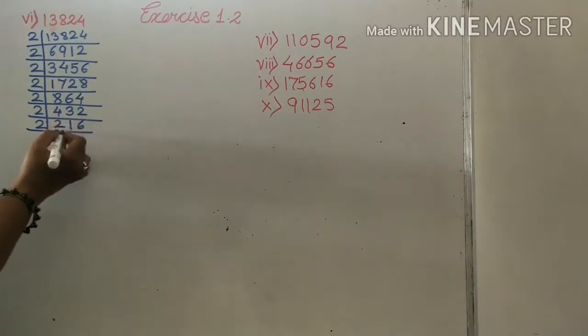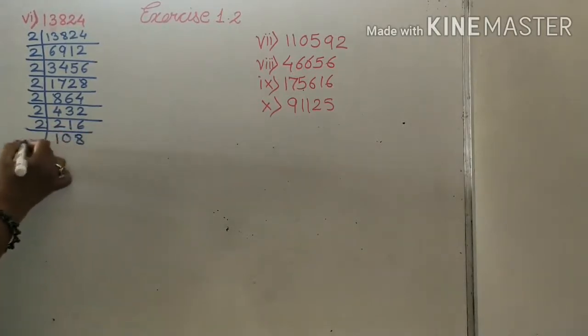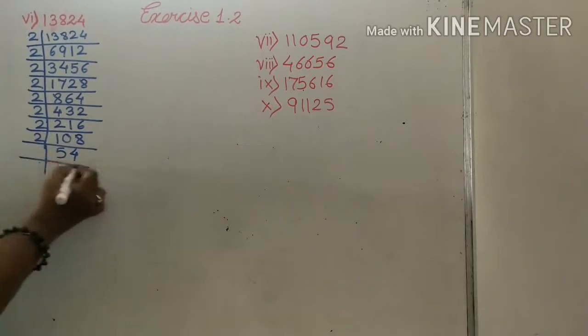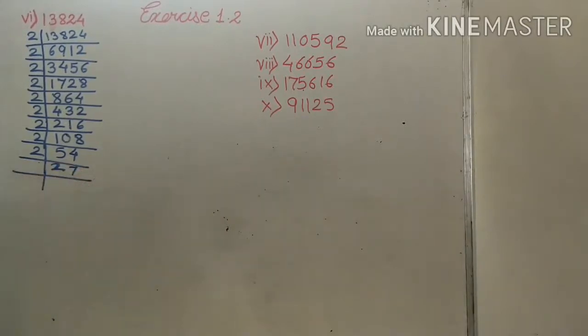Next number is smaller than 2, so we have to take 0 here and take together 1 6, 16. 2 8s are 16. 2 5s are 10. 2 4s are 8. 2 2s are 4. 2 7s are 14. Now the unit digit is odd. It is not divisible by 2.